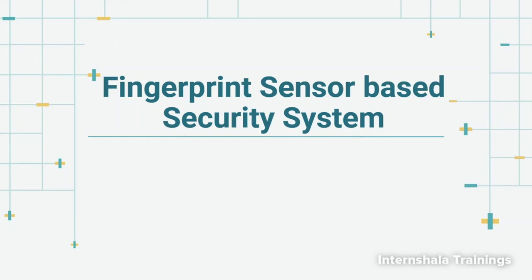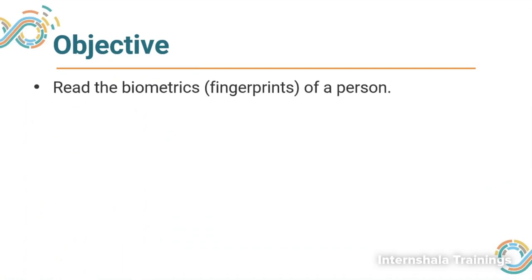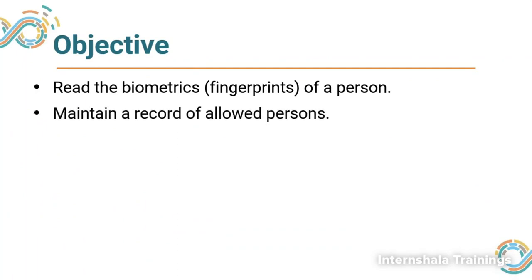So first of them is a fingerprint sensor based security system. In this project, we are going to read the biometrics of a person in the form of his fingerprint values. We are going to maintain the record of all the persons who are allowed to go through that checkpoint. It's a door or entrance of any premises or anything.